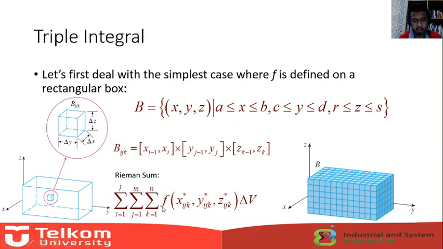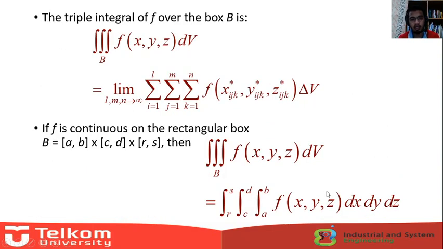Using the Riemann sum, we will get this one. This should be the volume of the rectangle. So from the equation, the integral of f(x, y, z) times dv should be equal to the limit of the summation.